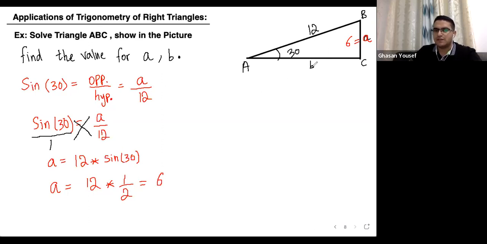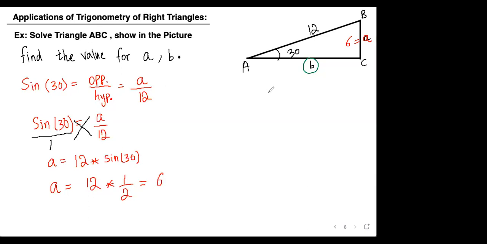Now my question is, find the value for b. How can I find the value for b? What function, what ratio can I use for the angle theta to help me find the value of b? The cosine of 30.